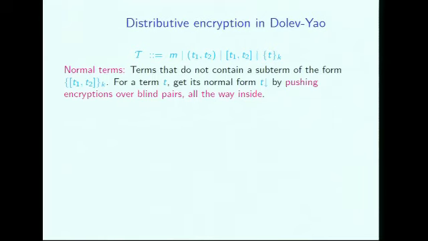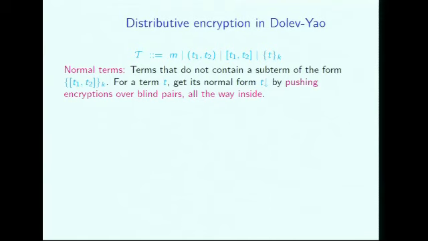Now, in the kind of operators that I was talking about later, with blind pairs, things are somewhat different. So what is the term algebra that we are looking at now? We are taking the basic term algebra with pairing and encryption, and adding the blind pair.